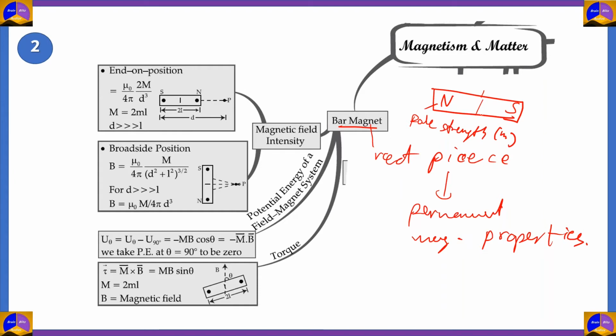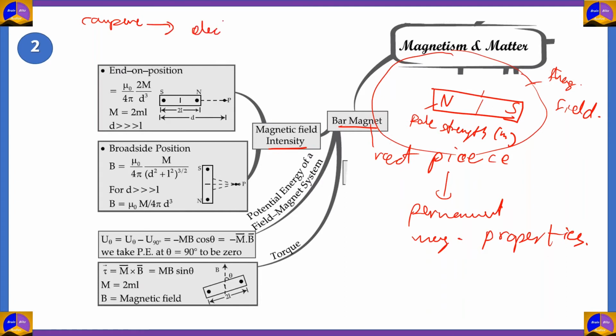And as with all magnetic substances, a bar magnet also has an area around it where its magnetic force is effective, which is known as the magnetic field. And when it comes to the intensity of this magnetic field, we can compare the bar magnet with an electric dipole, which we have studied in our first chapter.